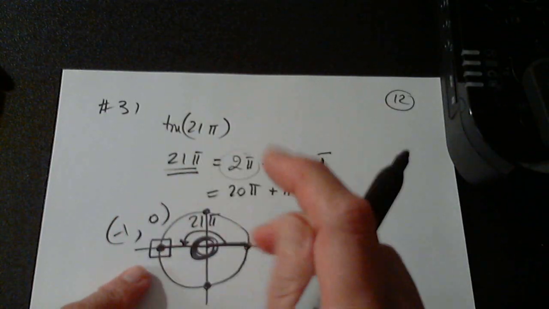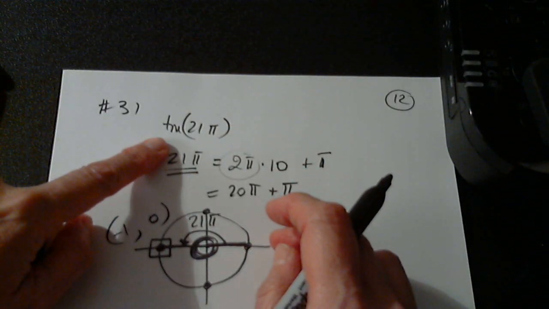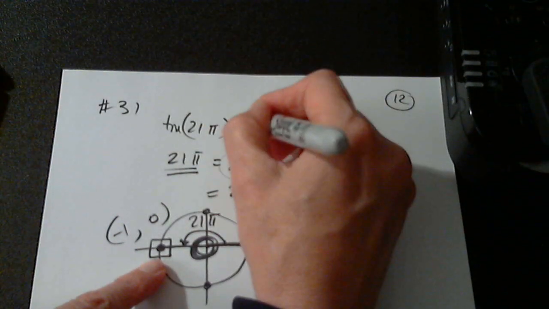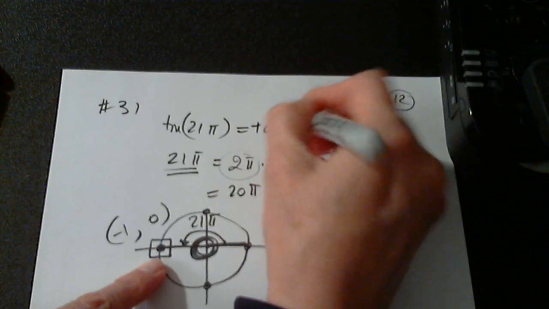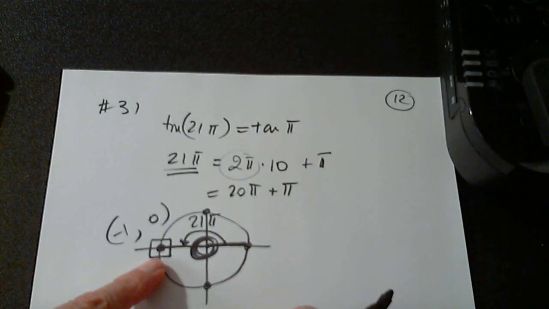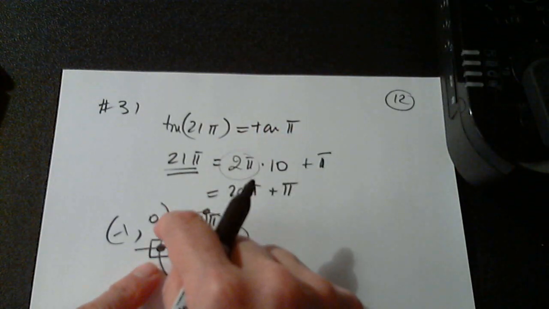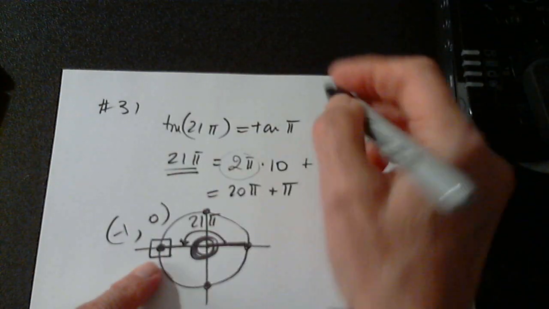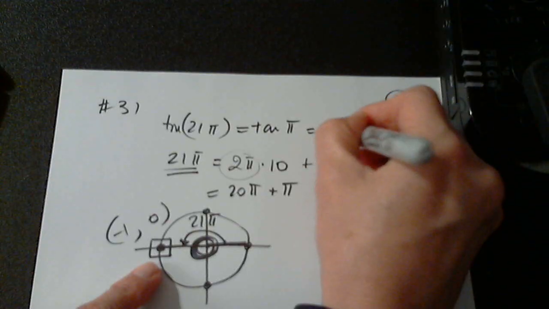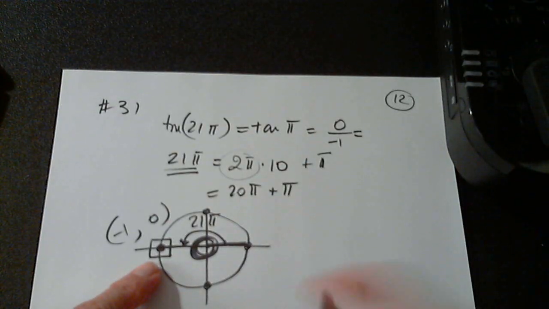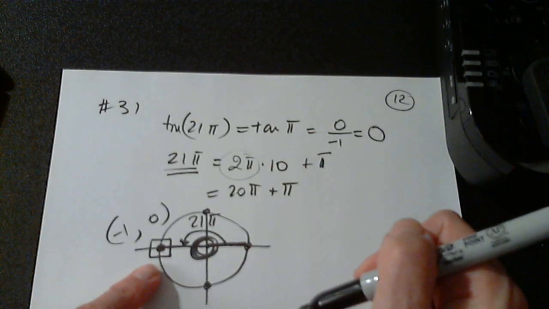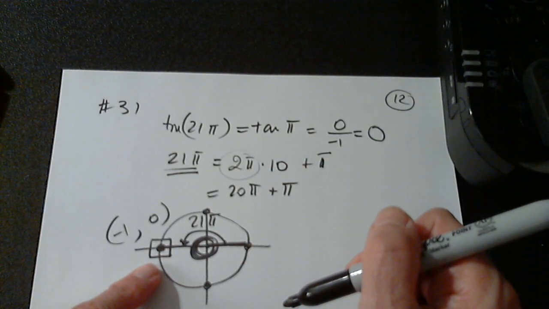Very good. So it's asking us for tangent. So tangent 21 pi equals tangent pi. But tangent pi is sine over cosine. Sine over cosine. 0 over -1. How much is that? Zero. Excellent. That's it.